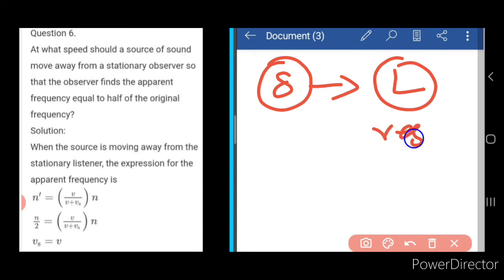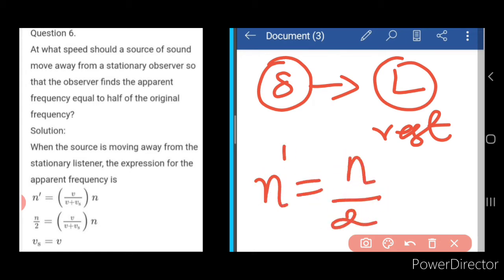Here the listener is at rest, isn't it? So the listener is at rest and the source is moving. And again, the apparent frequency is given as half of the frequency of the sound. So n dash is equal to n divided by 2. So this is the data that is given, right?